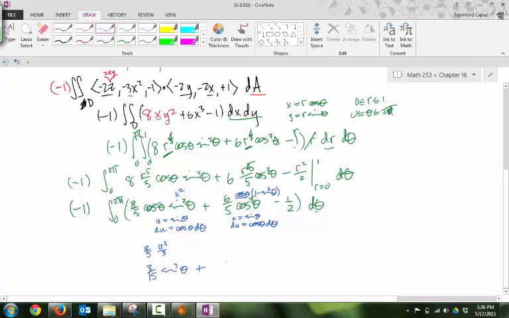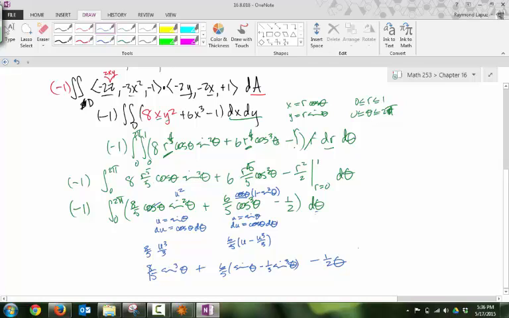So the antiderivative of 1, let's keep the 6/5 here, is going to be u, and the antiderivative of u squared is going to be u cubed over 3. And then we'll put the sine back in there. So we'll have 6/5 times sine theta minus 1/3 sine cubed theta. And then the last one, we have a 1/2 with respect to theta is just going to be 1/2 theta.